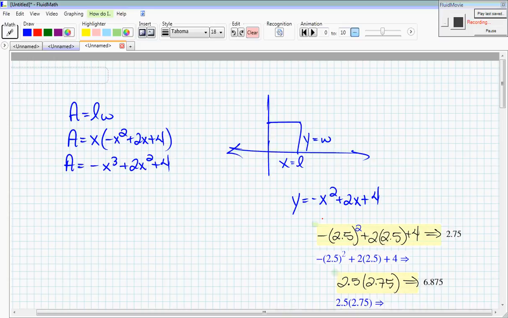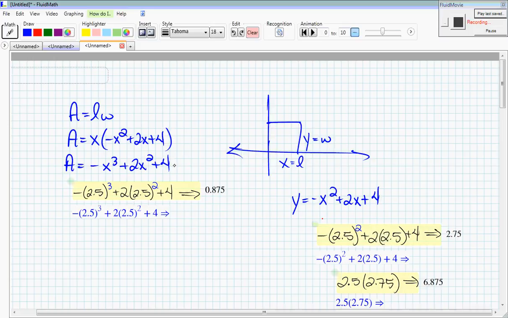So we have that in somewhat of a factored form, in terms of the dimensions. Up here in standard form, we would have negative 2.5 cubed plus 2 times 2.5 squared plus 4, and we should get 6.875. Oh, got some sort of misread here on these numbers.